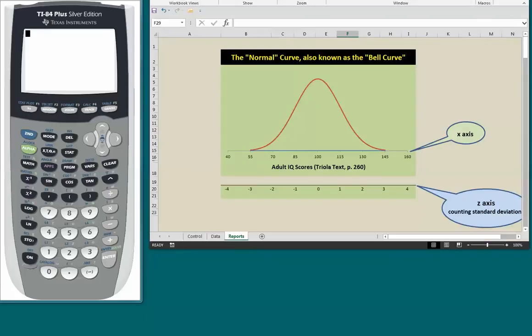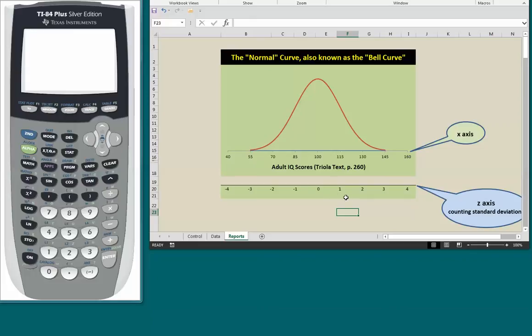Before we plot that 115 x value, I want to point out one other thing. Every time you see a normal curve, you will see an x-axis. But I want you to know that there is always also a z-axis. You see the z-axis there. They don't usually show it, but there it is, and it simply tells you how far any particular value is away from the mean.